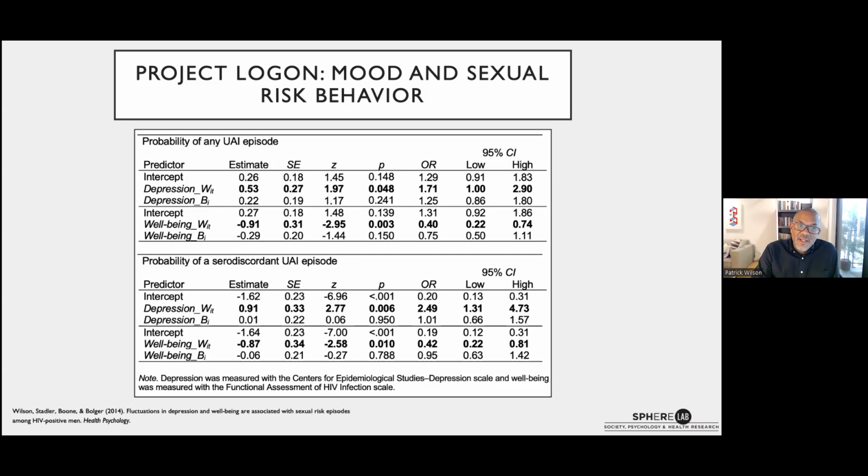And what we see is that while we didn't find any relationship between person-level estimates of depression or well-being, we did see across both our independent variables and our two outcomes that there was a relationship, such that on days where people experience more depression, we saw a higher probability of UAI and serodiscordant UAI, and on days where they were happier or experienced more well-being, they were less likely to report those episodes.